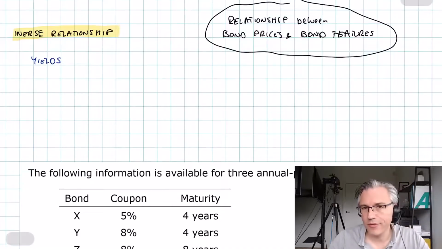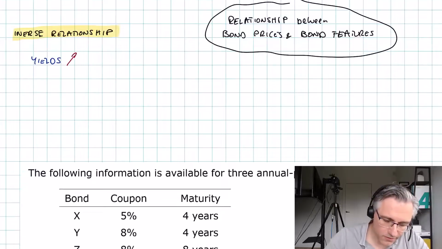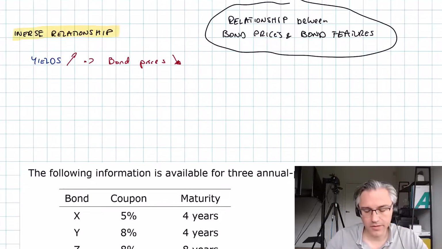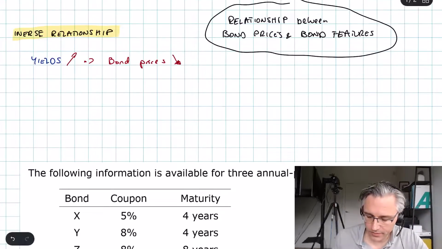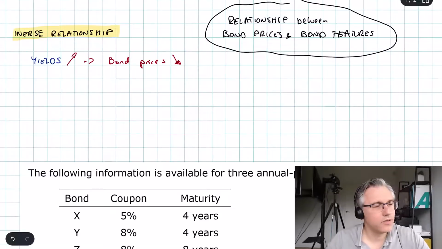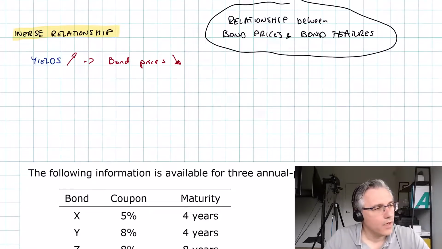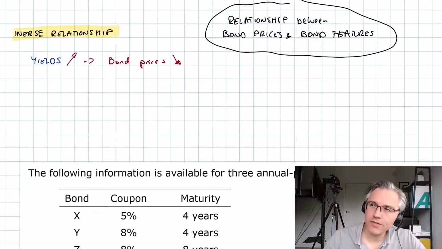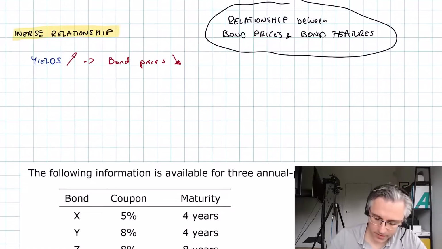If yields go up, that's going to cause bond prices to fall, and of course the reverse is true as well. Yields going down cause bond prices to go up. As I mentioned in that previous video, you can talk interchangeably of either bond prices doing something or yields doing something, because when one does something, the other does the opposite, and that's how people talk about bonds.